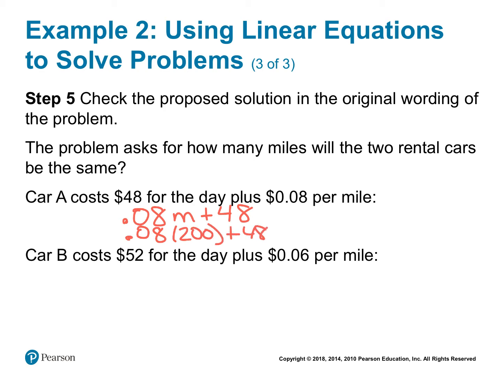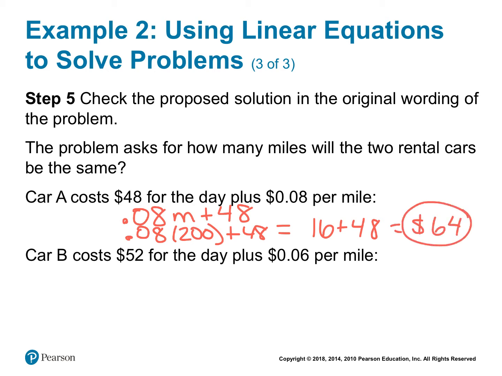So if I go ahead and try that in my calculator, we're going to see how much that would cost. So 0.08 times 200 is 16 plus 48. That gives me $64 for car A.